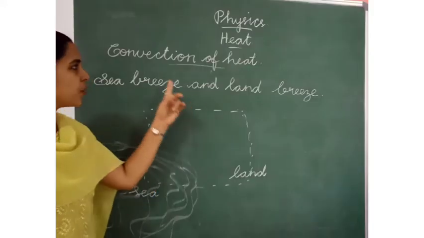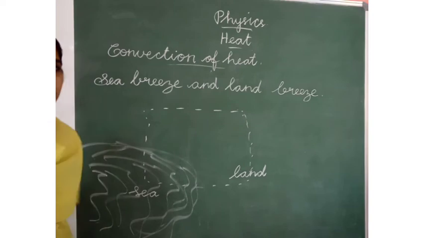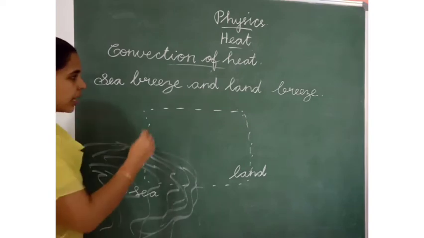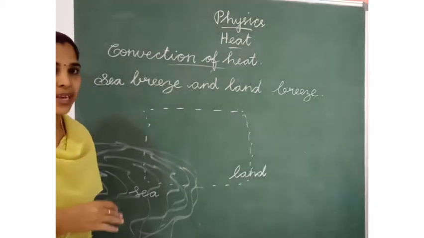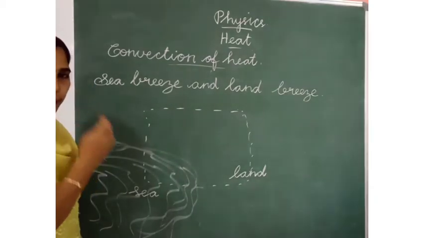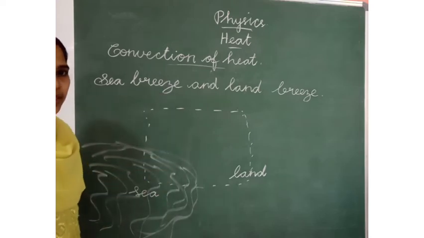One example of convection of heat is sea breeze and land breeze. You have learned about sea breeze and land breeze in previous classes. Have you remembered that? Okay, what is the meaning of sea breeze?